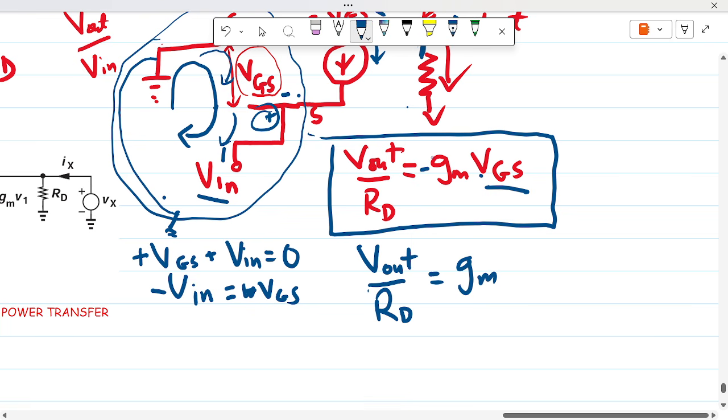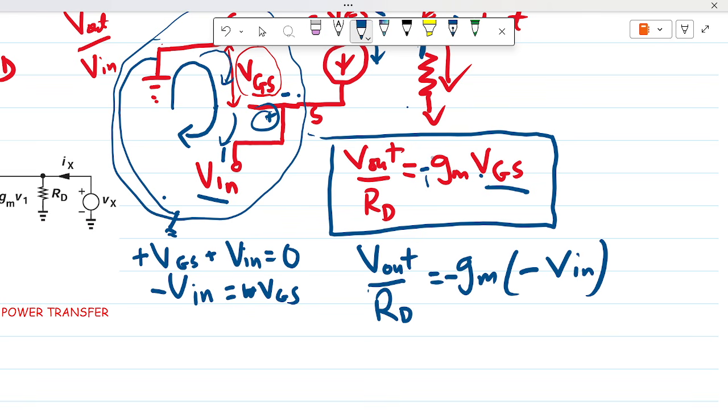Now we put Vin in here, which is also negative. So we already have a negative here, and we have negative Vin, as we explained earlier on, to replace VGS.